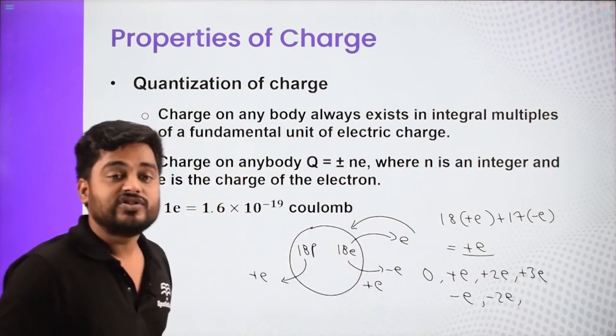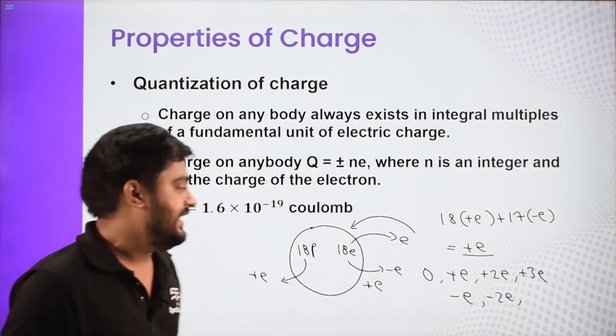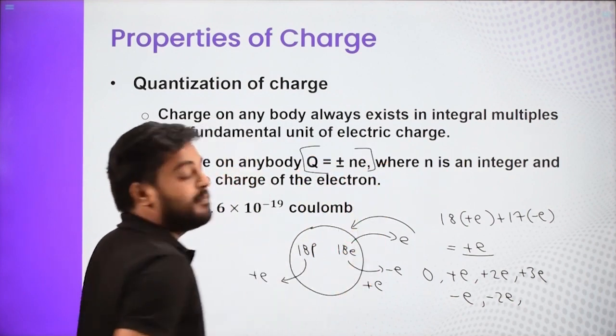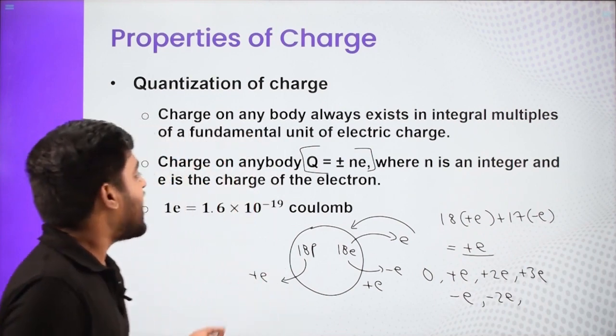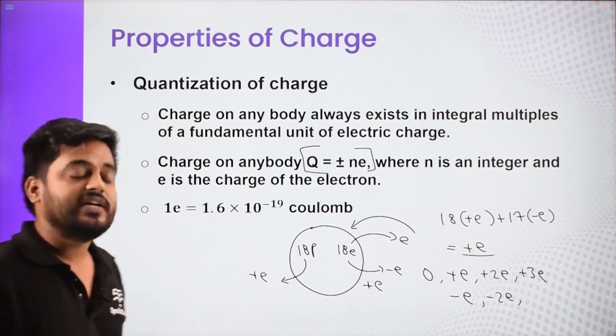So the charge on an object is always an integer multiple of e, and that's why we write the charge on any object as plus or minus ne, where n is an integer. Charge is an integral multiple of the elementary charge, or the charge on each electron.